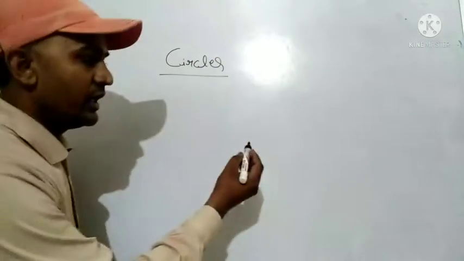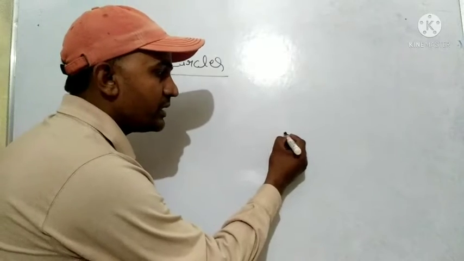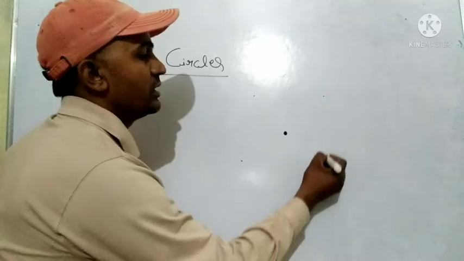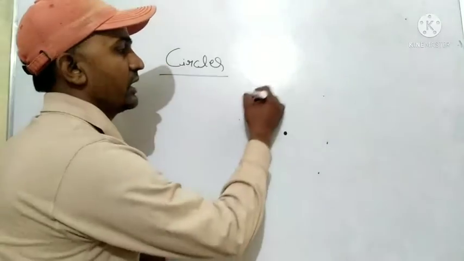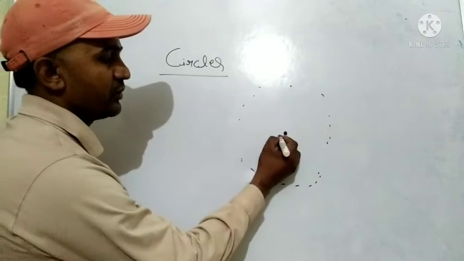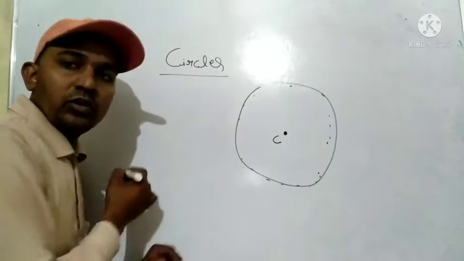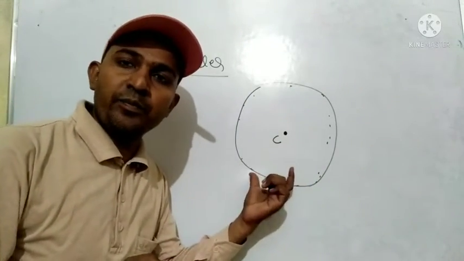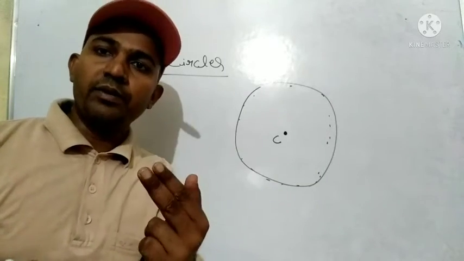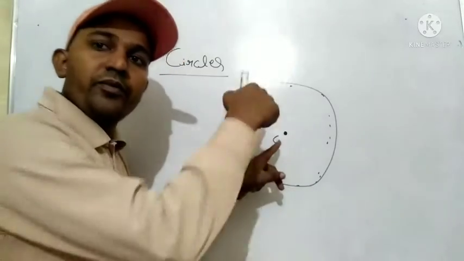As you saw on the board, this is the point. If we take some points which are equidistant from this point on all sides, and join these points, the fixed point is called the center. The locus of these points is called a circle, because a circle is a 2D figure made by many points which are equidistant from a fixed point.